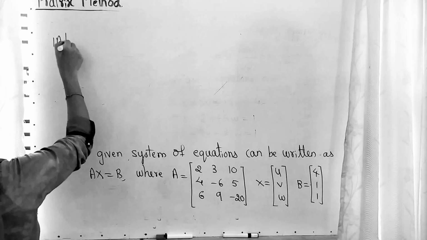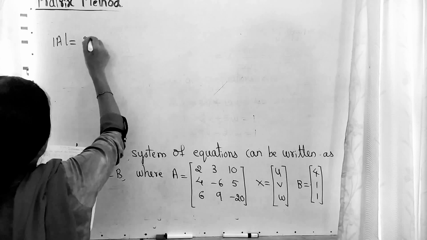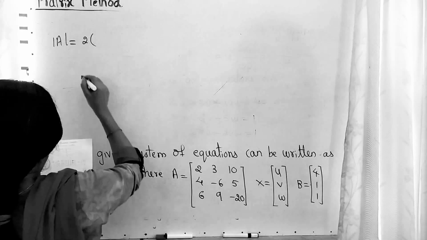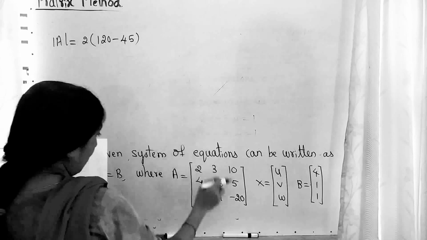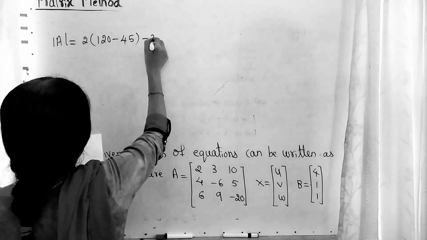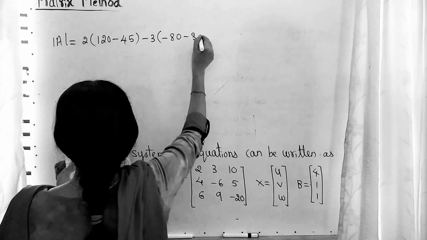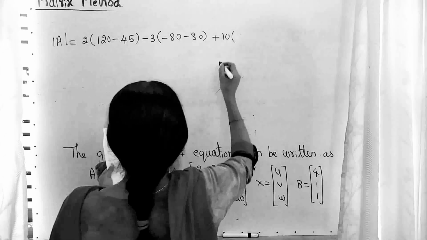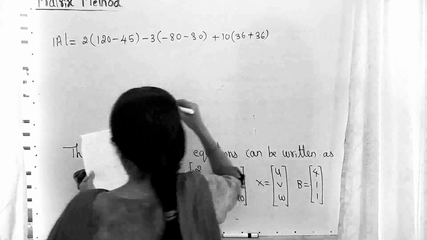Determinant of A is equal to, on the top plus minus plus, it is 2 into 6 into 20, minus into minus becomes plus, it is 120 minus 45, the 9 fives are. Next minus 3, minus 80 minus 30 plus 10, then 36, minus into minus plus, that is also 36.